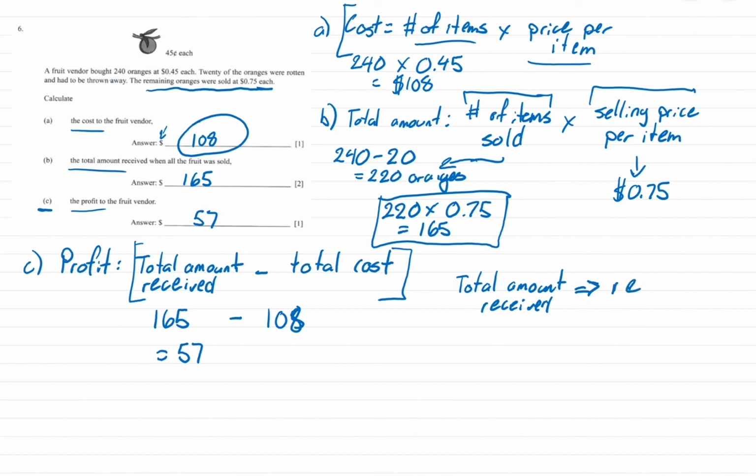You might hear this if you're talking to a business, or if you're talking about anything where money is involved, any funds that are made, you call that revenue. So the total amount that you received is called your revenue. But your revenue is not the same as your profit. So you have your revenue and you have your cost. And in this question, we get to see the difference between revenue, profit, and cost.